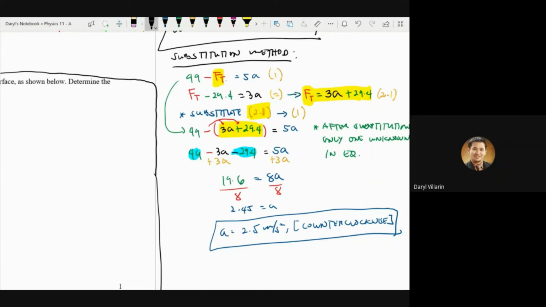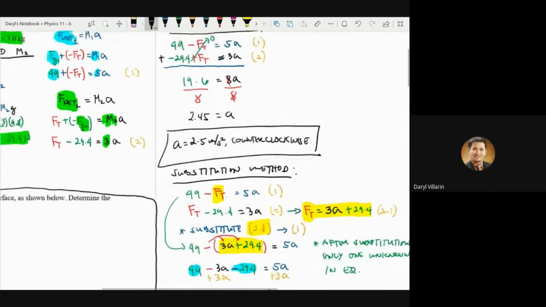For equation number 1, it's -1, and then for A, it's 5, and then the constant is 49. Most probably in your calculator these are represented by x and y, so you can solve right away for the x value and the y value. You just have to set up your equation, depending on the format of your calculator.